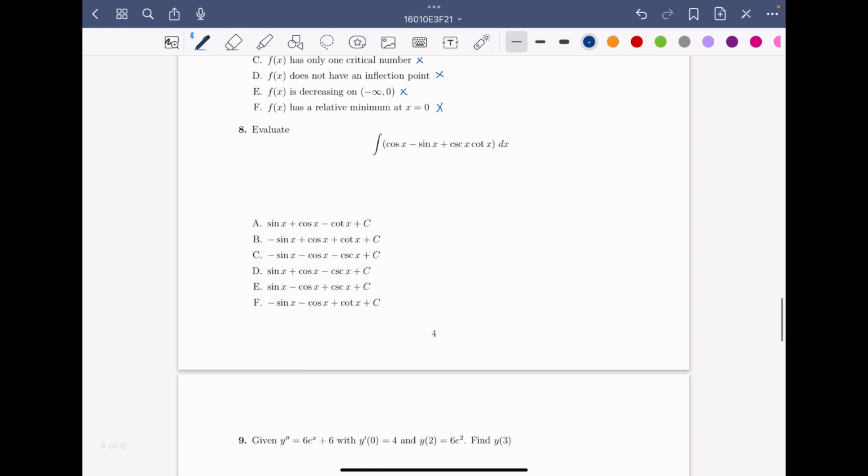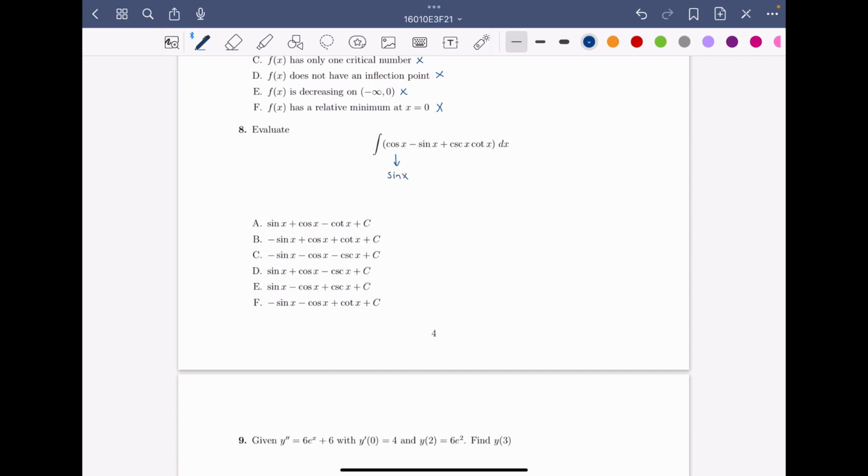Number 8, evaluate the integral of cosine x minus sine x plus cosecant x cotangent x dx. That is a mouthful. Unfortunately for this kind of question, you pretty much have to memorize the integrals. So if we do it one term at a time, this first one, the integral of cosine x is sine x.